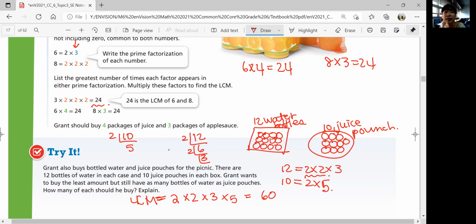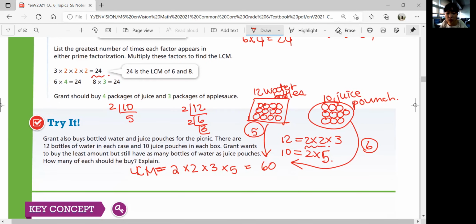So in order to make 60, how many water bottles do you need? 12 times 5 is 60. 10 times how many is 60? 6 is 60. So how many packs of water bottles and how many boxes of juice pouches do you need? 5 packs of water bottles, 6 boxes of juice pouches, okay? 5 cases of water and 6 boxes of juice.